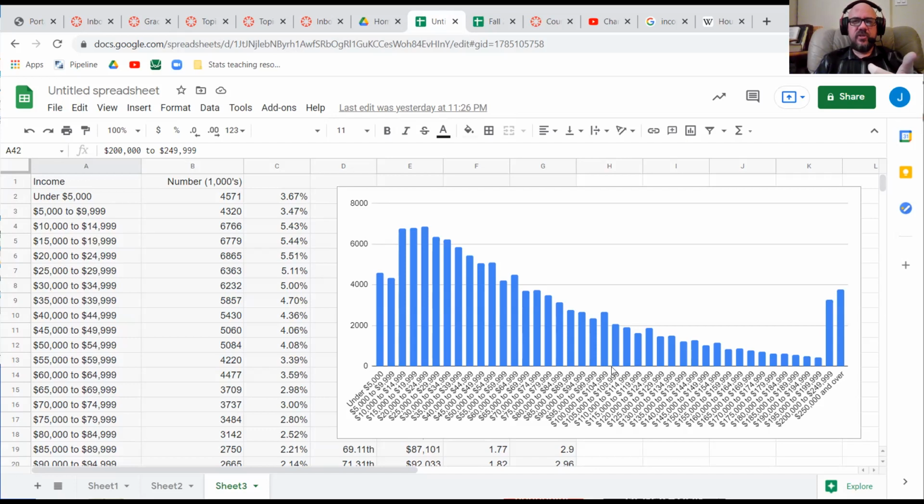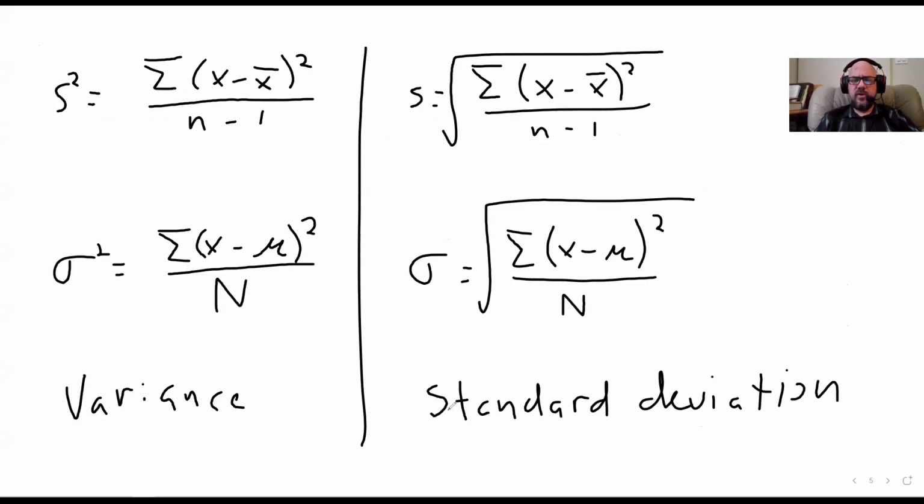That interpretation is weird, and it's why we usually use standard deviation when we're teaching about measures of spread, as opposed to variance, which is slightly easier to calculate, has nicer mathematical properties, and has a crazy interpretation a lot of the time.